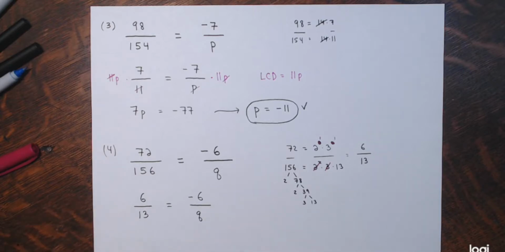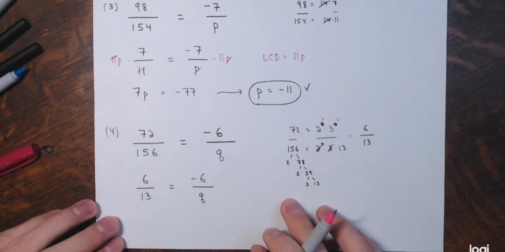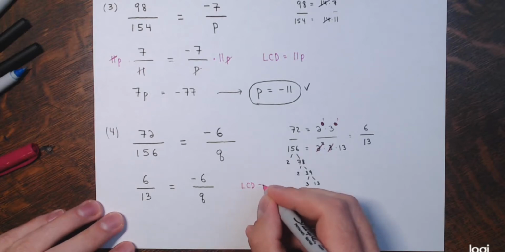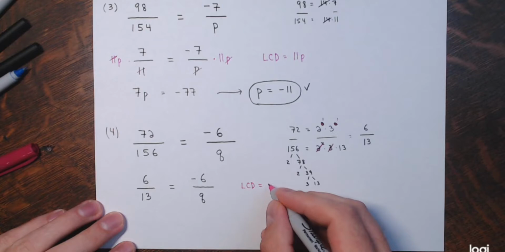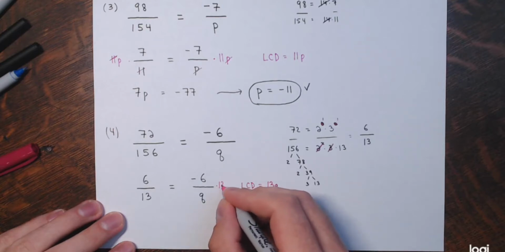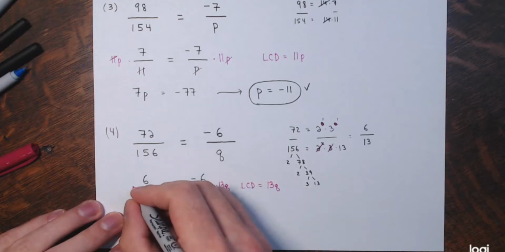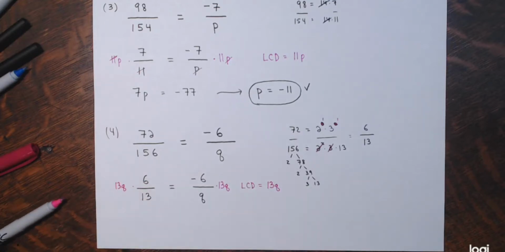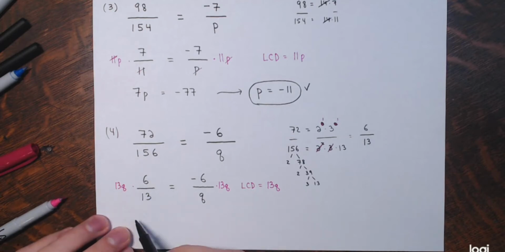And now I'll do the LCD stuff. The LCD for this proportion would be 13q. Multiply both sides by 13q. On the left side, the 13s would cancel. I'd have 6q left.